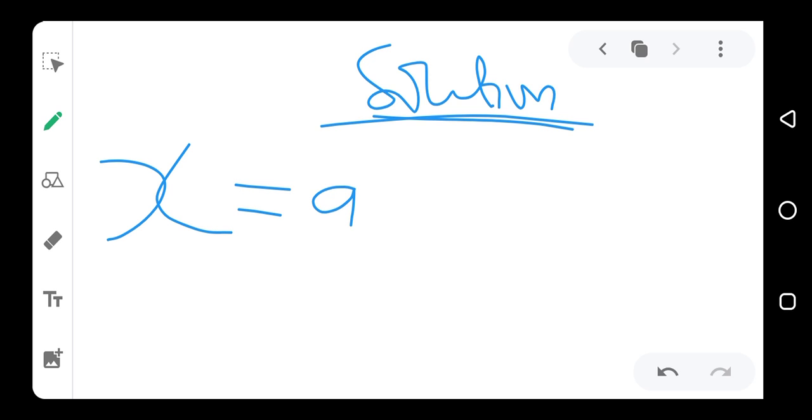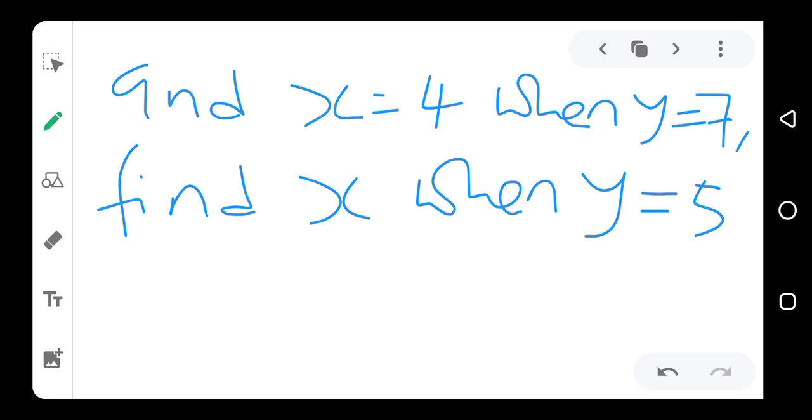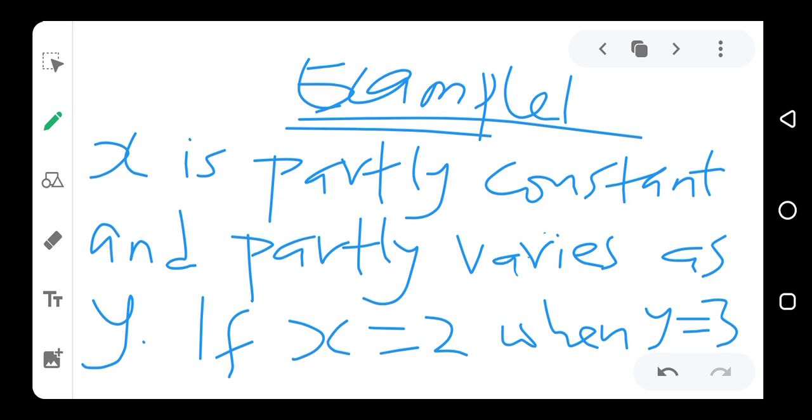Now, they also say that x partly varies as y. This is a direct variation.